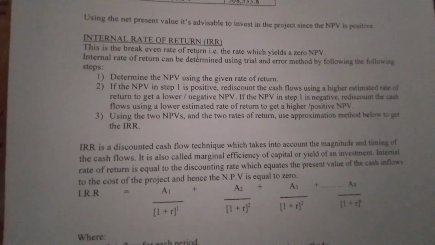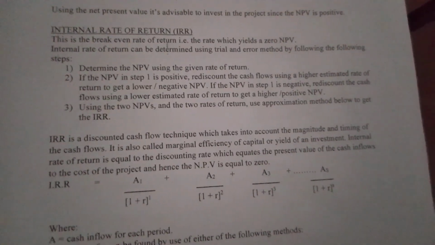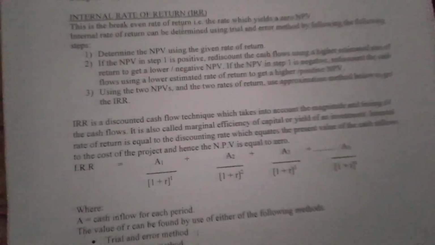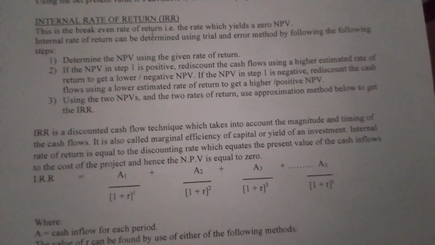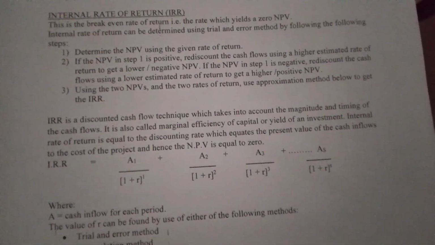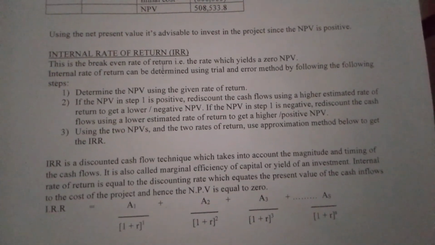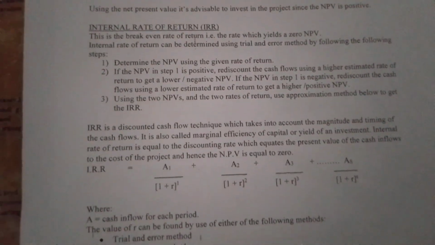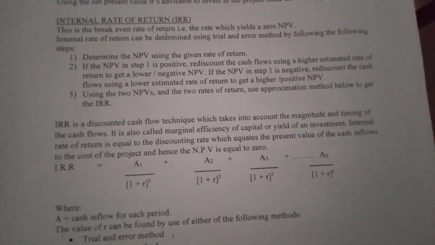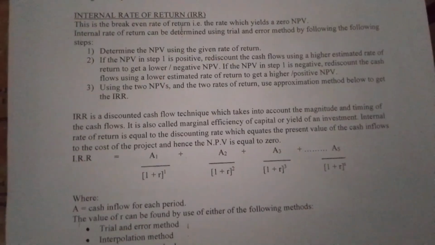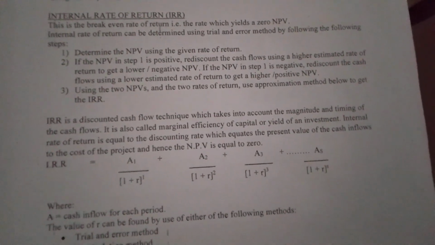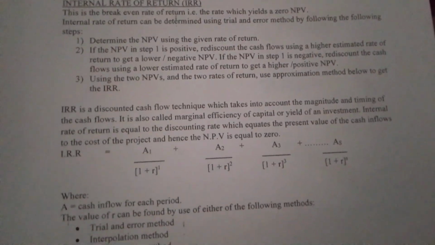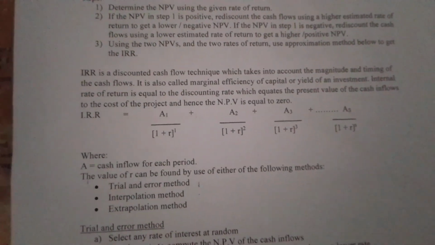We are doing the internal rate of return, the rate that equates the net present value to zero. That means once you have gotten your internal rate of return, say for example 16%, if you use that 16% to calculate the net present value, then your net present value will be zero.